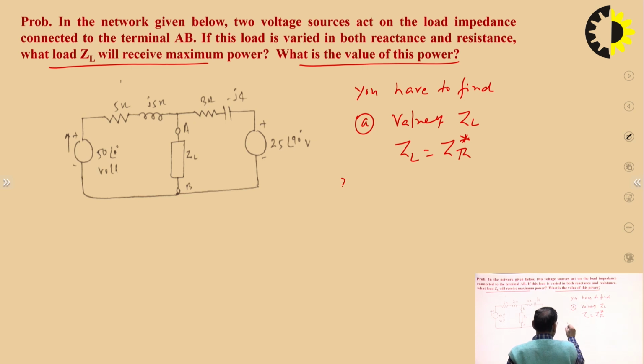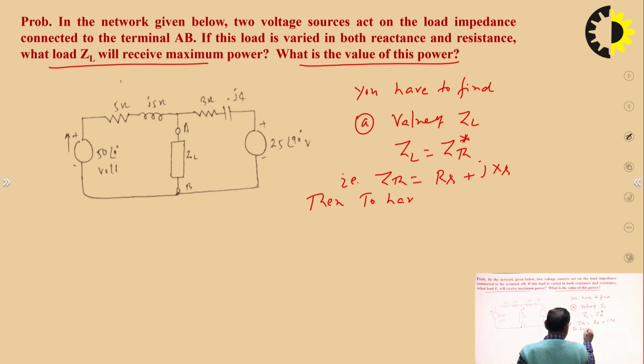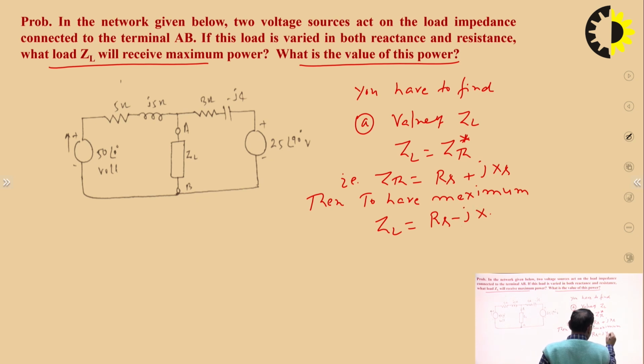That is, if ZTH is say RS plus JXS, then to have maximum power, ZL is RS minus JXS, which is equal to RL plus JXL.